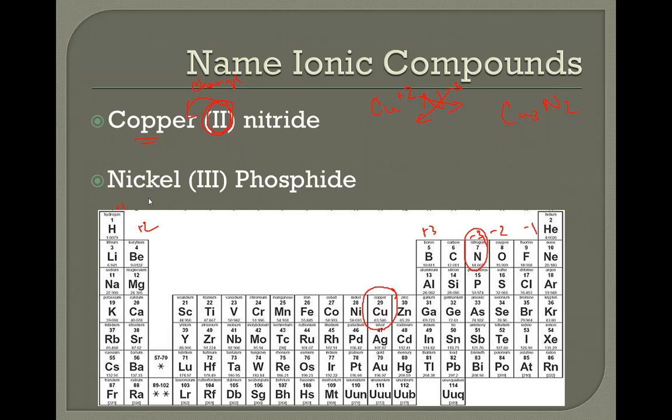Nickel is here. Once again, it's a metal. That 3 is telling me it's a +3 charge. Phosphide is right here, and it's a -3 charge. Crisscross. Notice 3 and 3. I can reduce that down to 1 and 1. So NiP.